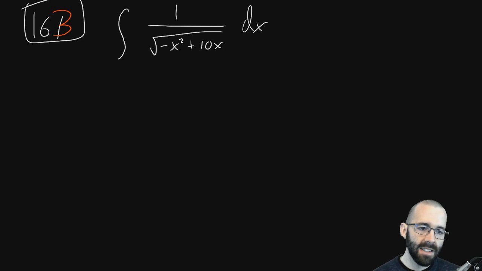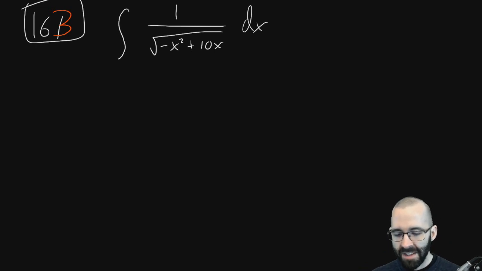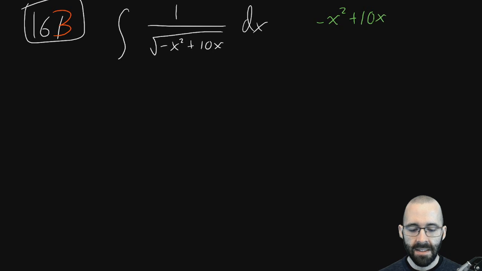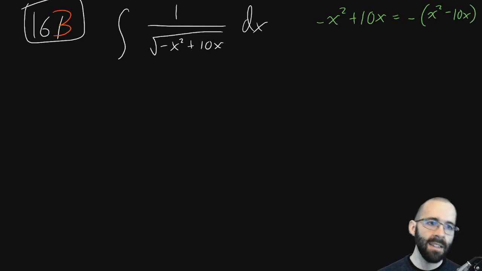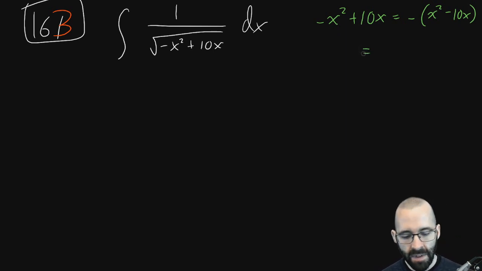Okay. So a couple of ways going about this. Let's go off to the side. Say negative x squared plus 10x is equal to negative x squared minus 10x. And we want to complete the square. So b is 10, or negative 10. Half of that's negative 5. Square it's 25.